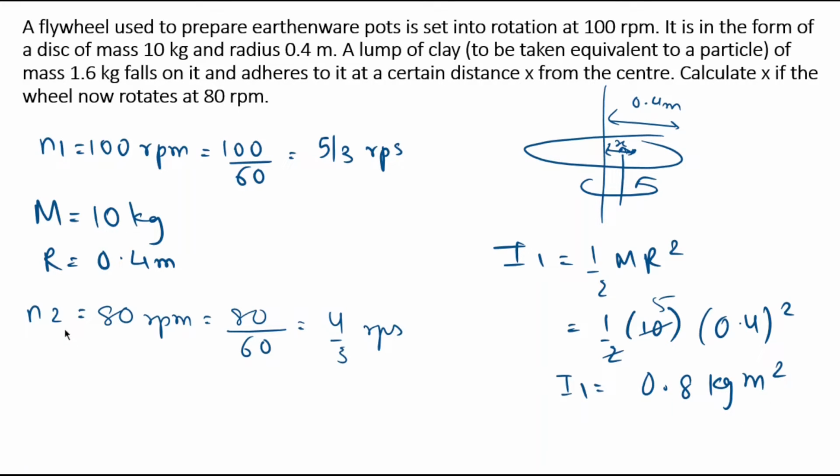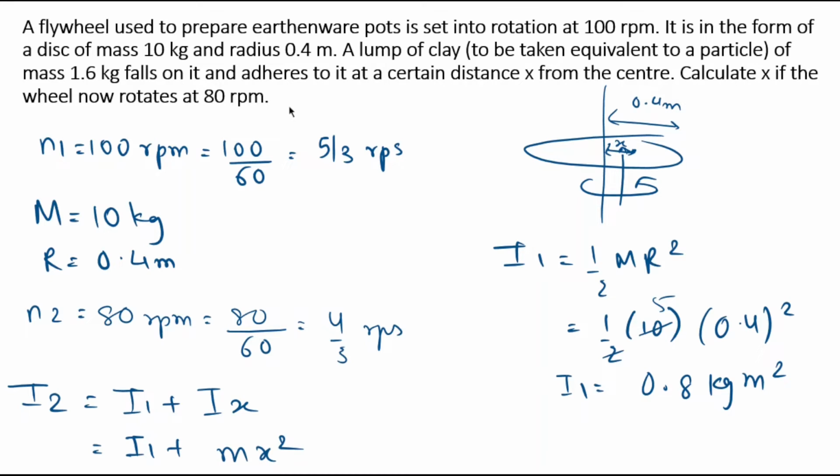Now the new moment of inertia when the clay is stuck on the flywheel is given by I2, which will be the initial moment of inertia plus Ix, that is the moment of inertia of the clay, which is nothing but I1 plus mx square.